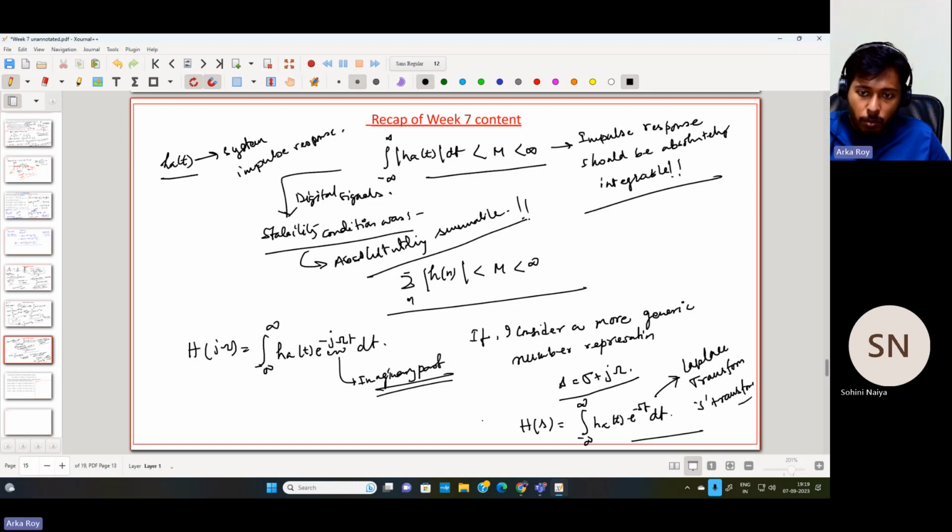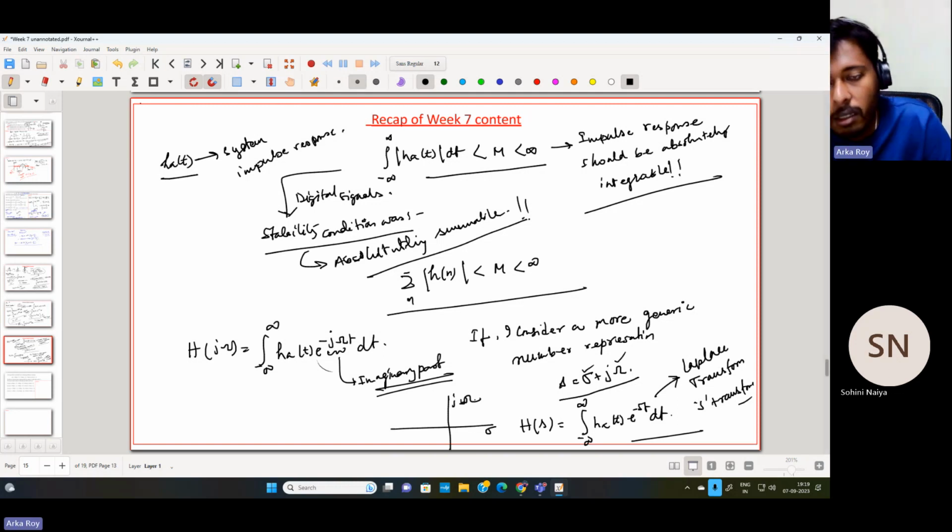So for this particular operation, we will be bothered about both the sigma and j omega parts. However, in the earlier case, we were bothered only about the j omega based basis functions. Now over here, we are considering both the real part and imaginary part in the basis.